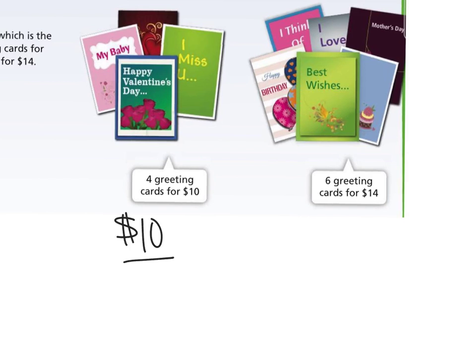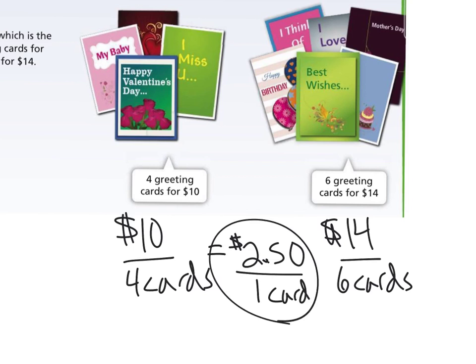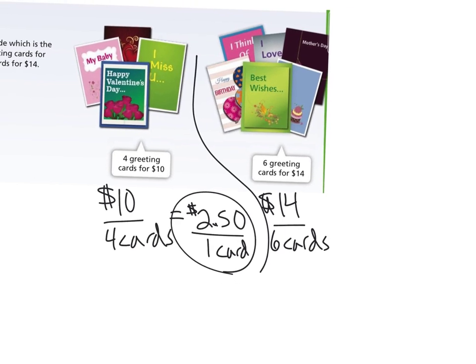So $10 for 4 cards. We've got $14 for 6 cards. So if you divide that, you get 2.5 or 2.5 over 1. Remember, when we're talking about money stuff here, we'll go ahead and tack a 0 on the end. So that means $2.50 per card for that first group.